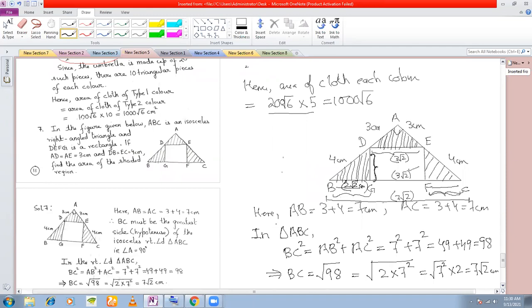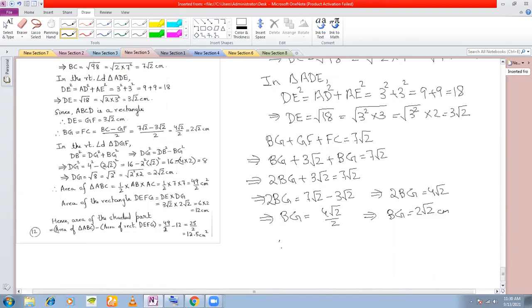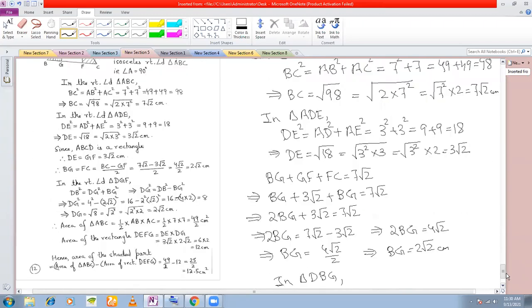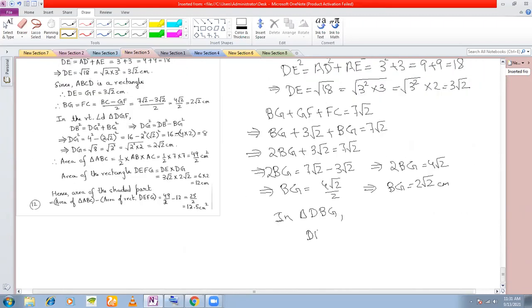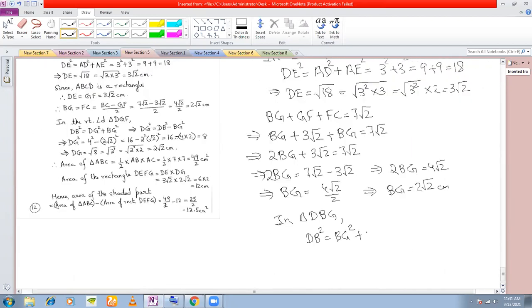Once we have found out this length, by Pythagoras theorem, we can find out this length also in this right angle triangle, DBG. Let's find out. In triangle DBG, DB square is equal to BG square plus DG square.